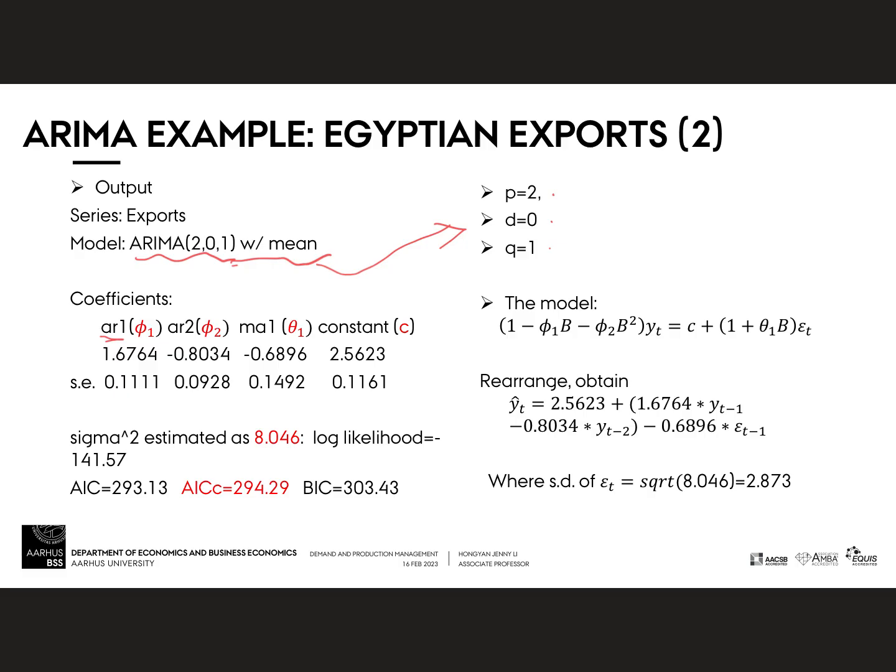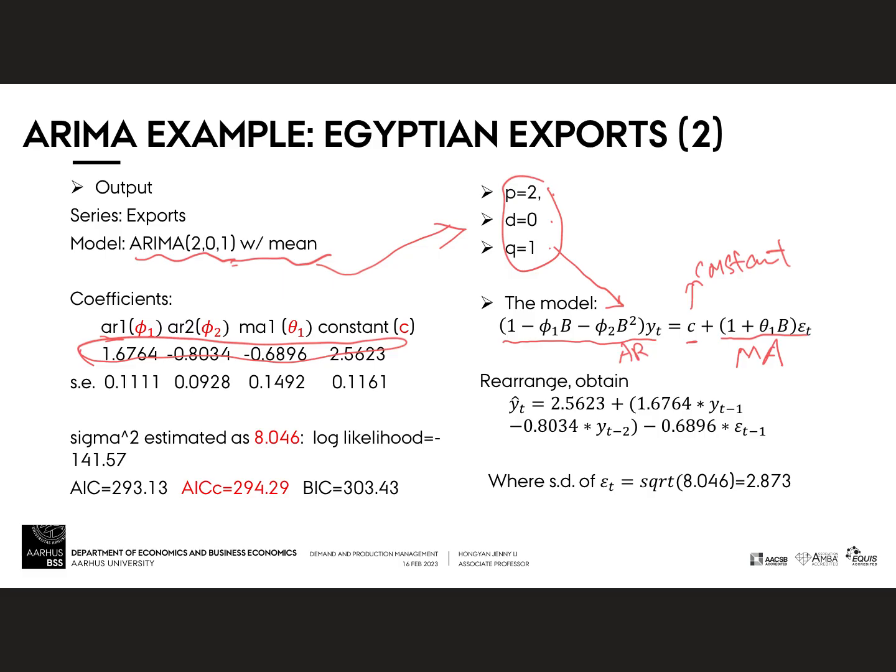So if you know this order and replace the backshift notations, with d equals 0, the difference part is replaced by 1. This is the purely autoregressive part, called the AR part, and this part is the moving average part. c is a constant, and the parameter values you can read from this part.